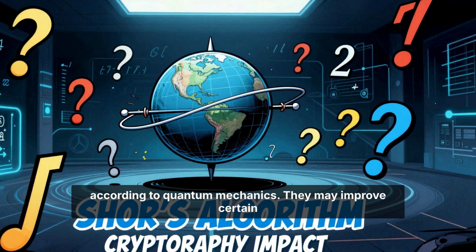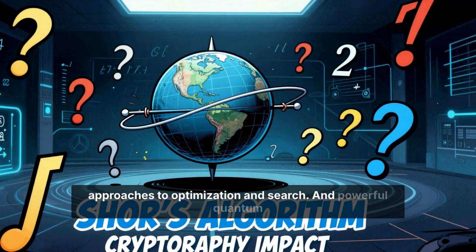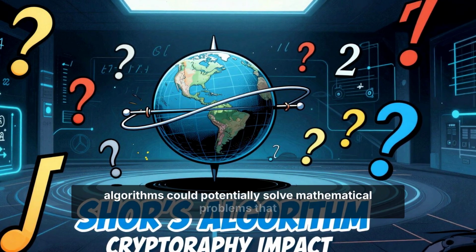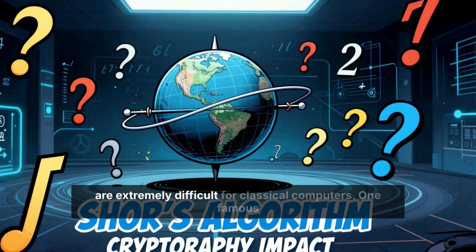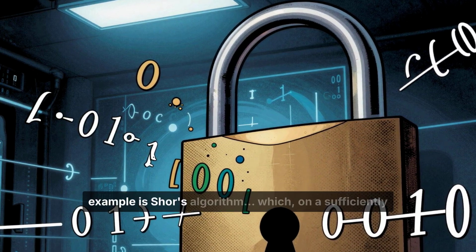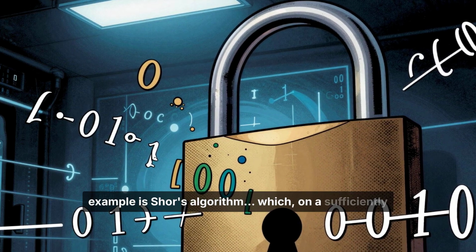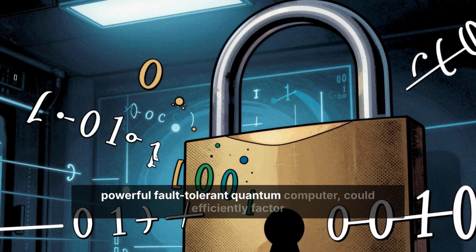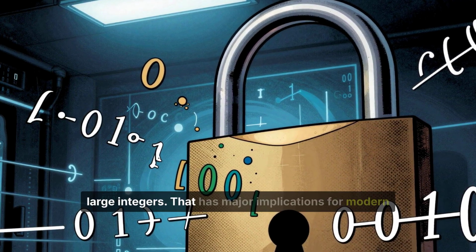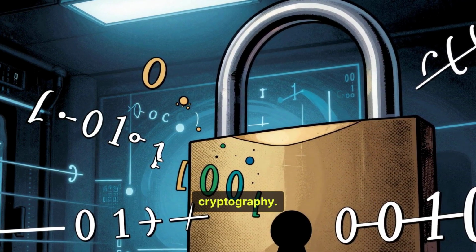They may improve certain approaches to optimization and search. And powerful quantum algorithms could potentially solve mathematical problems that are extremely difficult for classical computers. One famous example is Shor's algorithm, which, on a sufficiently powerful, fault-tolerant quantum computer, could efficiently factor large integers. That has major implications for modern cryptography.